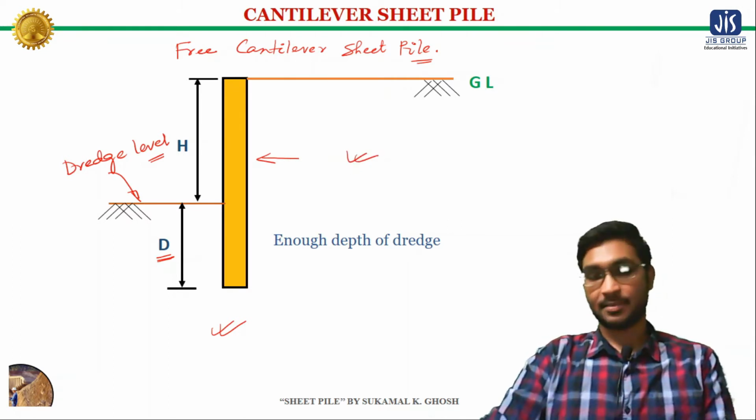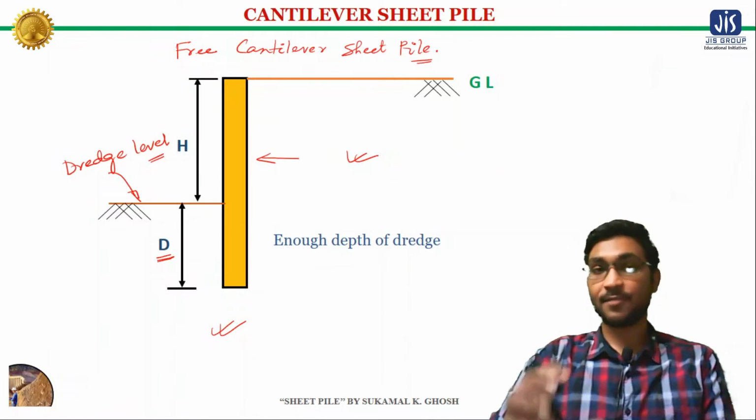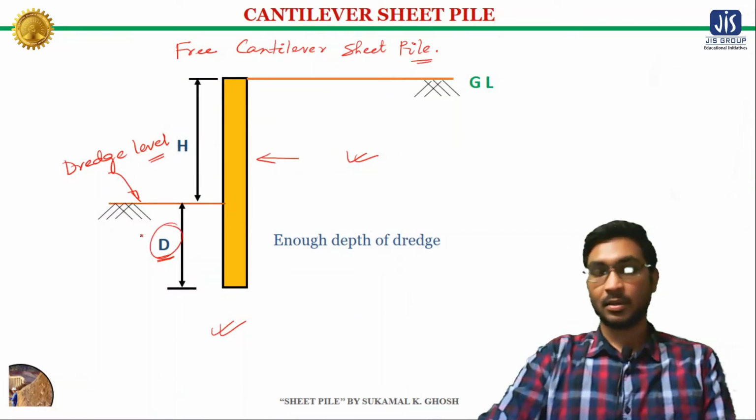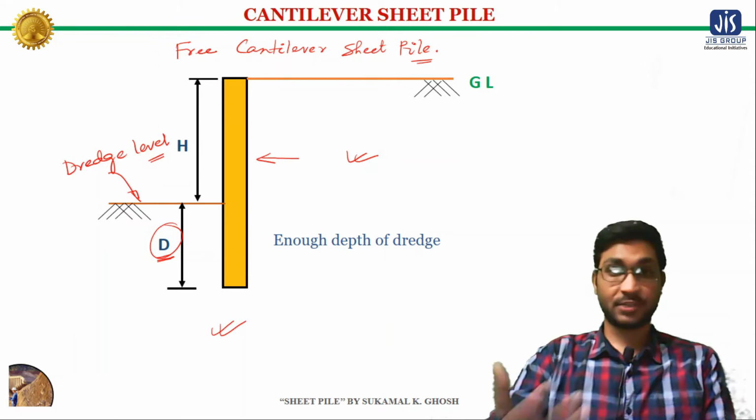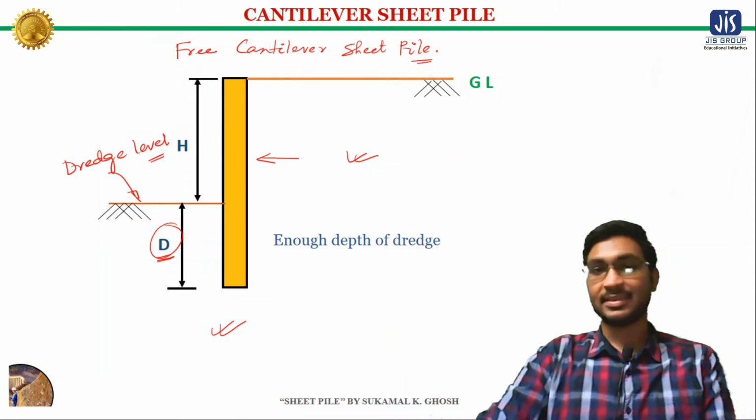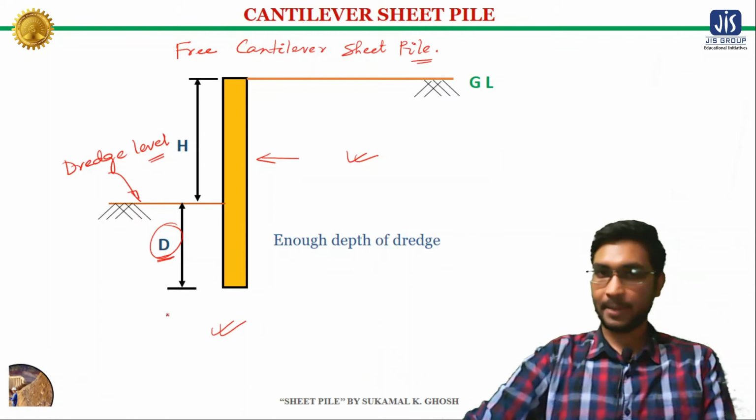In this case, when we provide enough D in a sheet pile, we call it the cantilever sheet pile.